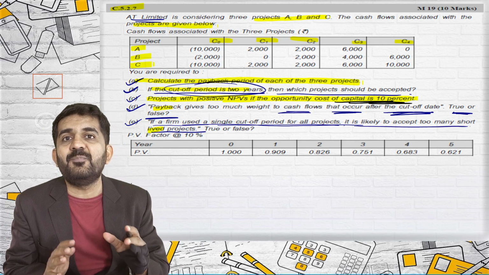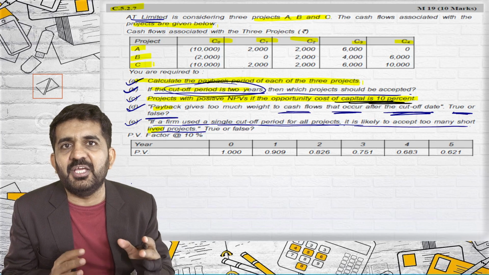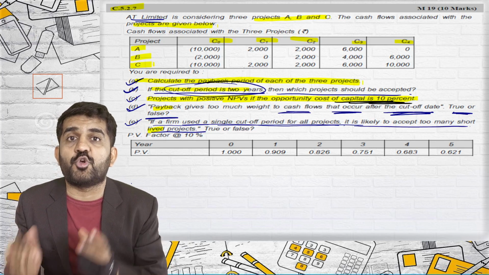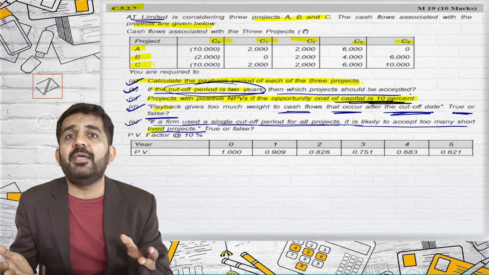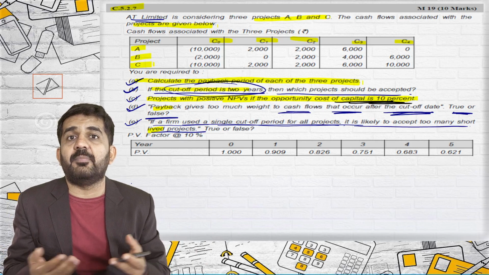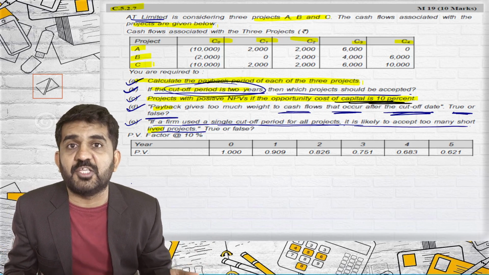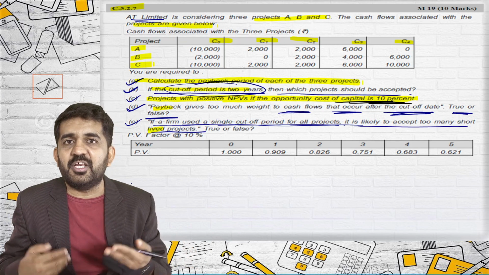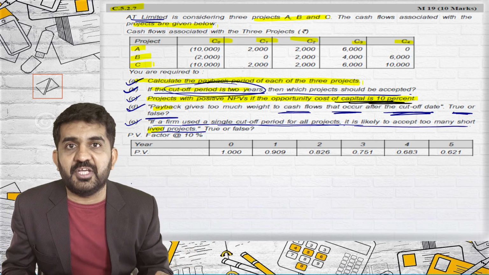If the cutoff period is 2 years, this type of company will always do short-term projects, and will never be able to do long-term projects. Say long-term projects, car manufacturing company, aeroplane manufacturing company, it will take 2 years to start the project. So your initial investment will never be recovered in 2 years.